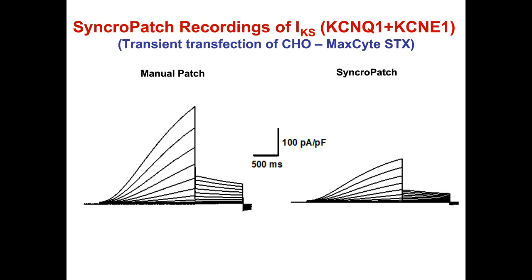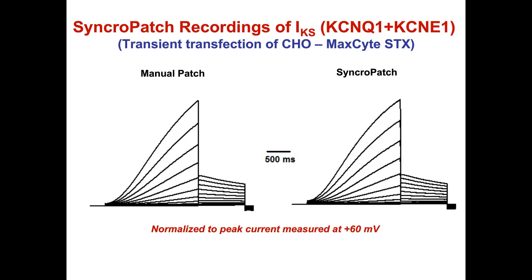Whereas in the SyncroPatch, it's blind. We only select cells because they were captured and from which we were able to record. If we normalize these current recordings to their peak, we can see that the gating behavior is probably identical. As identical as one can tell by eye.